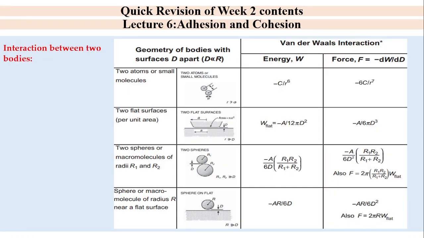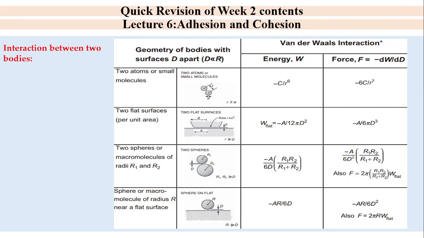Next, we also discussed the interaction between two bodies. This table has been taken from the book itself, which you can see on page number 255, wherein the energy as well as the force components between two atoms or small molecules have been given, as well as two flat surfaces, two spheres or macromolecules of radii r1 and r2, and lastly a sphere or macromolecule of radius r near a flat surface.